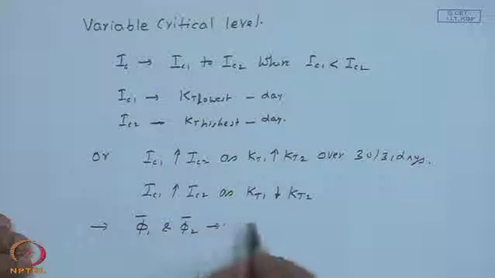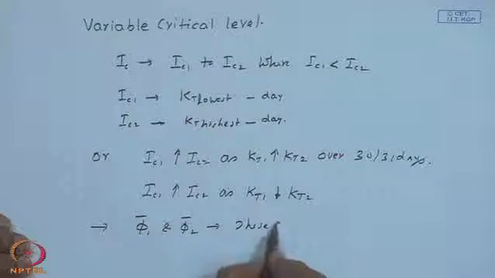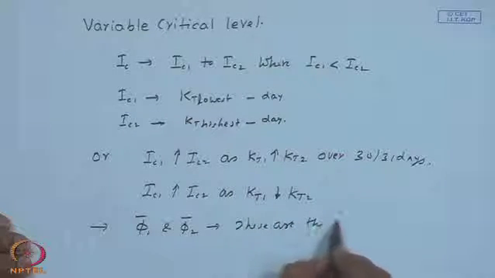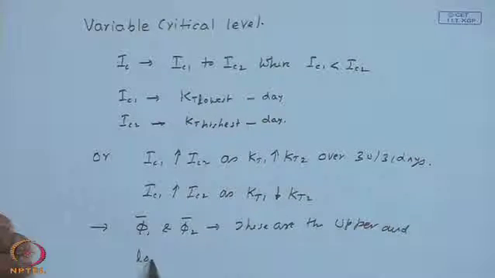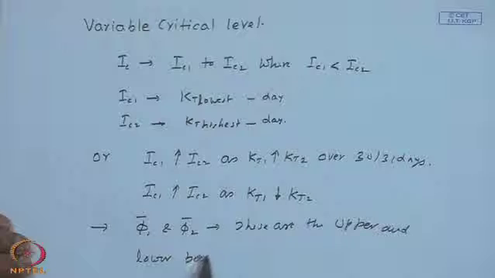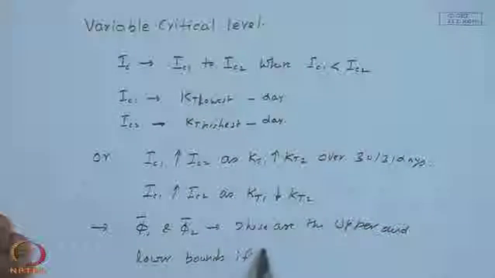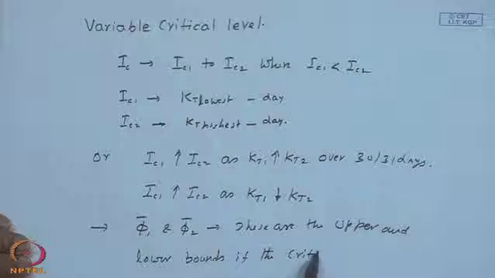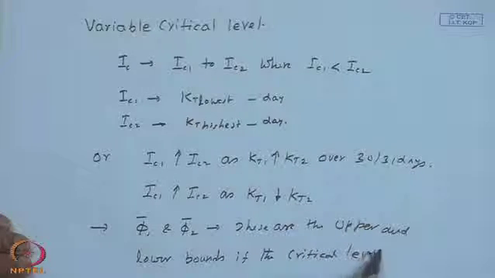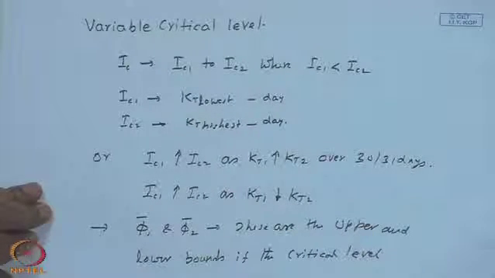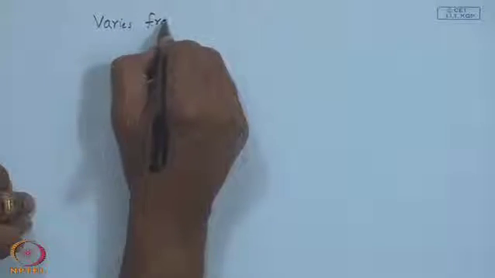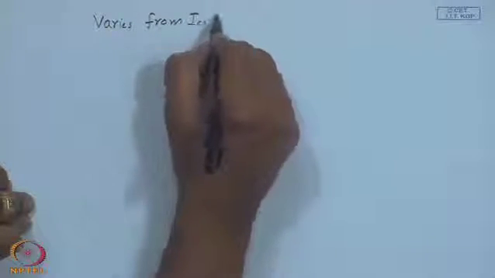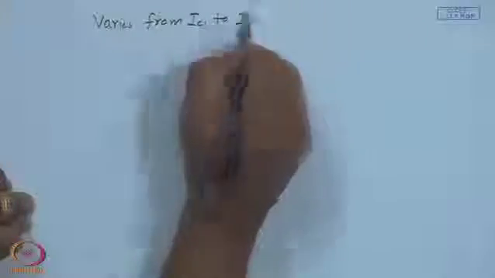So, these are upper and lower bounds if the critical level varies from IC 1 to IC 2.